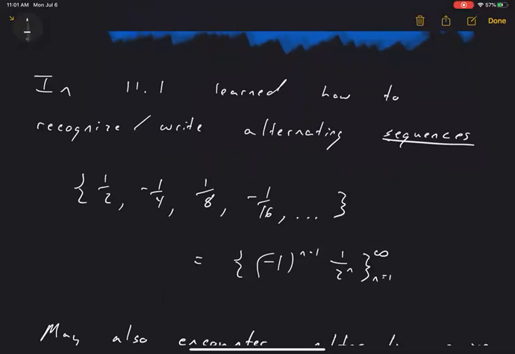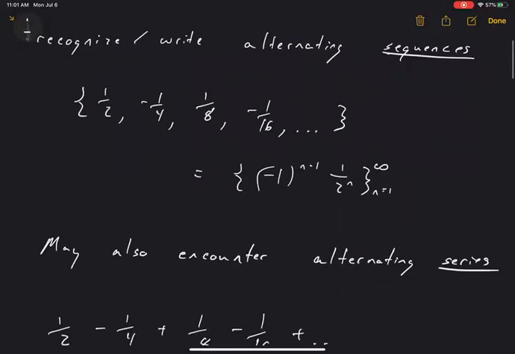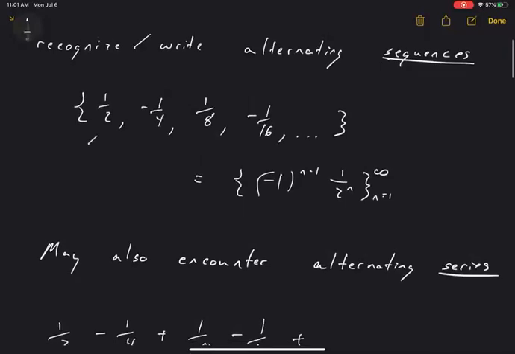In 11.1, we got some practice writing these alternating sequences. So when we saw a sequence with this alternating positive negative sign, we learned how to write those. And when we write them in this compact formula, we have this -1 to a power, where that power depends on n.